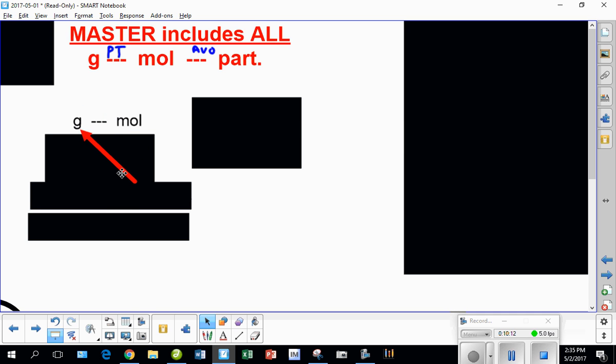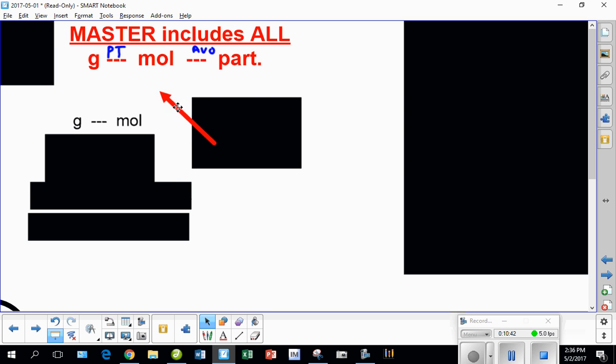So, Coco, you go up first. If I've given you grams, what are you going to do in the next fraction to get to moles? What has to be on the bottom? Are you going to put moles on the bottom to cancel your grams? Where will the grams come from?